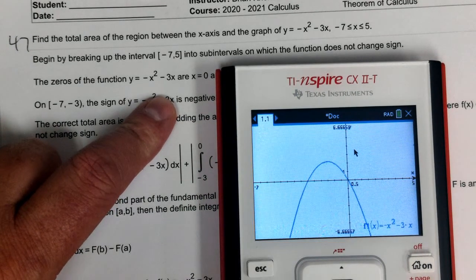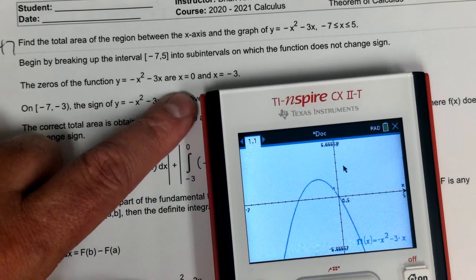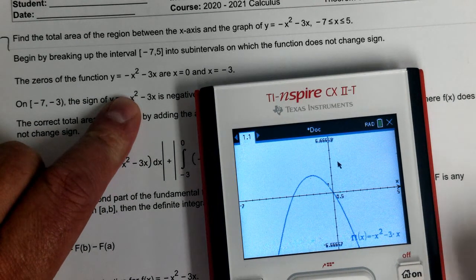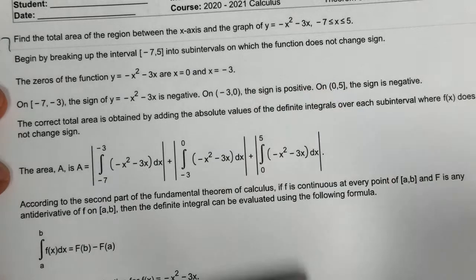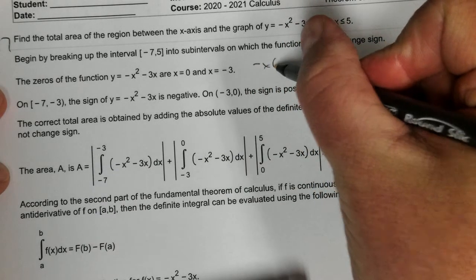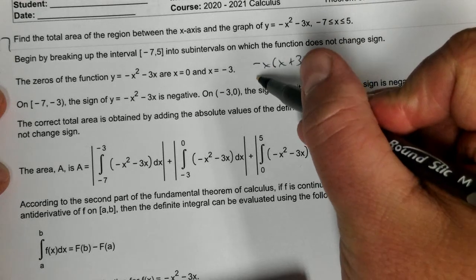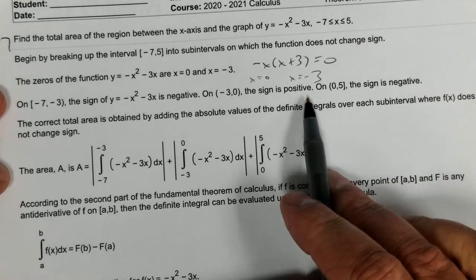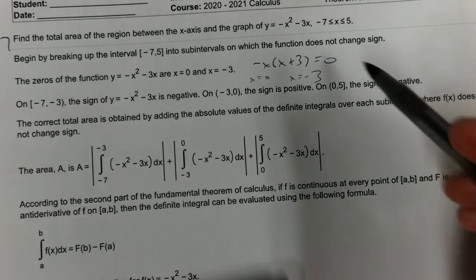So it looks like they use 0 and 3 from here, because if you factor out an x, actually factor out a negative x, you'd have x plus 3 equals 0, which eventually would get you to this. So they did use the 0 to negative 3.